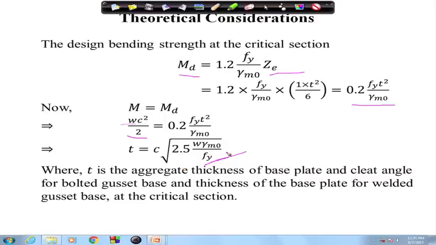So, the thickness of the base plate can be found from the flexural strength of the base plate, and it can be reduced if the cleat angle is present. However, if the connection is welded, then the thickness of the base plate will be this one. This is the total thickness we are getting.